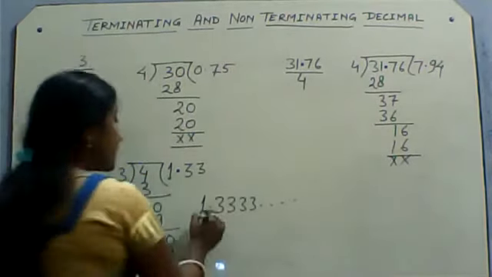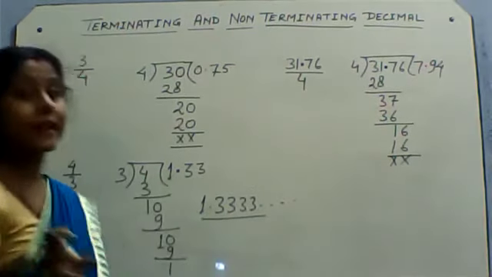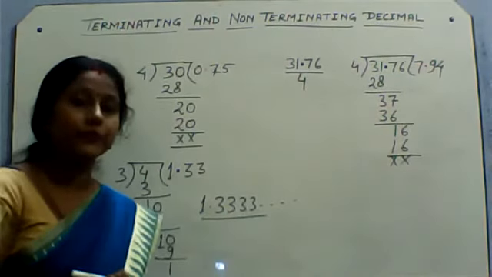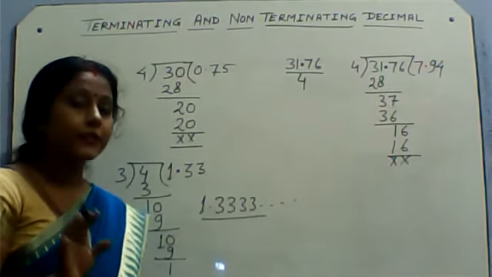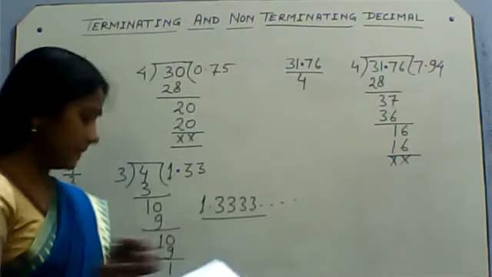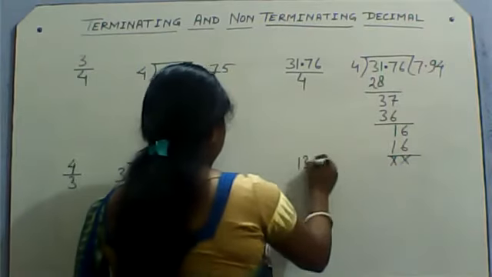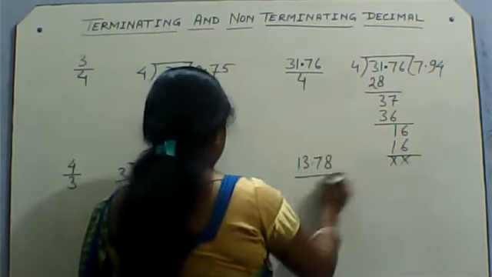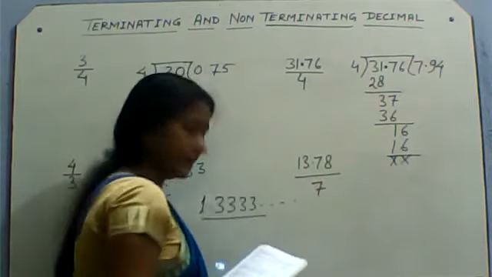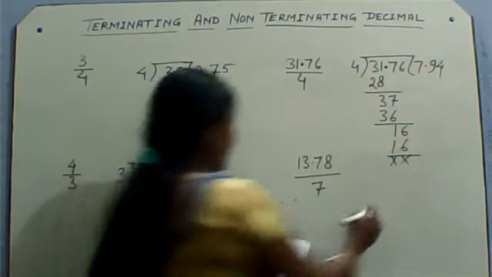So this type of decimal we call a non-terminating decimal. Understood, students? One example from your book I am taking, that is 13.78 divided by 7.